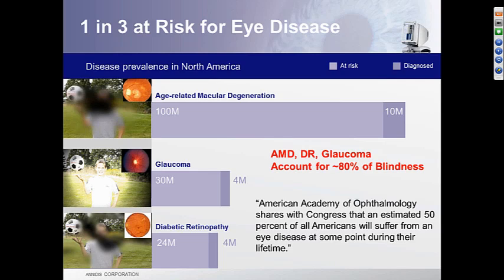So why is early detection important? I think I don't need to provide a lecture to make this point, but I'll say it out loud anyway. At least 1 in 3 in North America are at risk for eye disease, with age-related macular degeneration, glaucoma, and diabetic retinopathy being in the top 3.